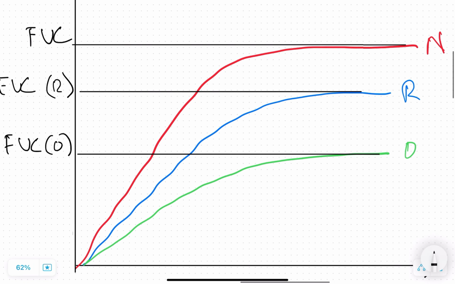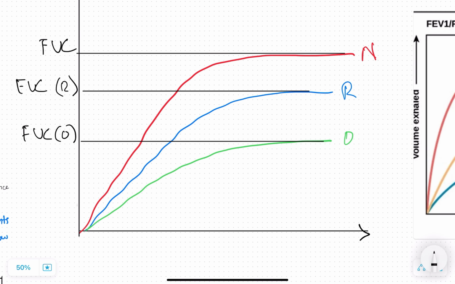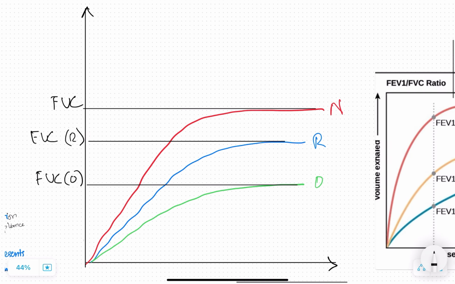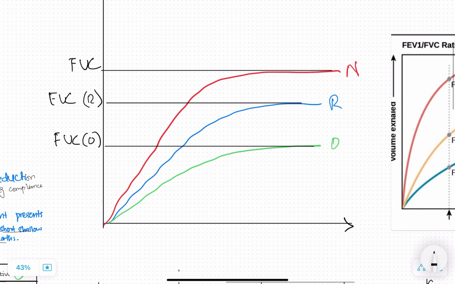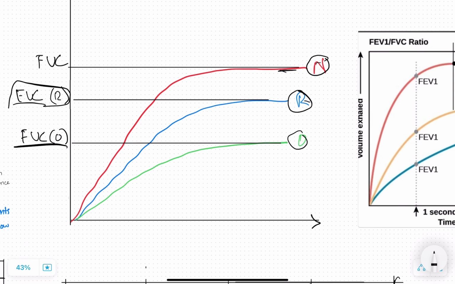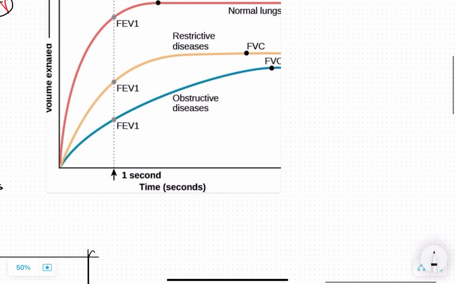Now, if I go towards the FVC graphs, then I can very easily contemplate this graph: a normal person has an FVC of this, a person suffering from restrictive lung disease would have this graph with a lesser FVC, but a person with an obstructive lung disease would have the least FVC.